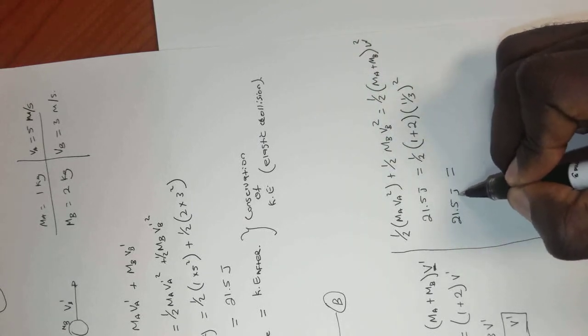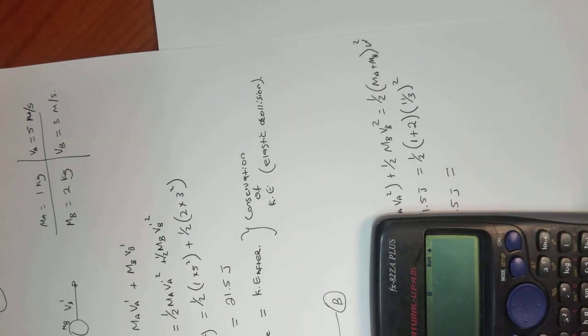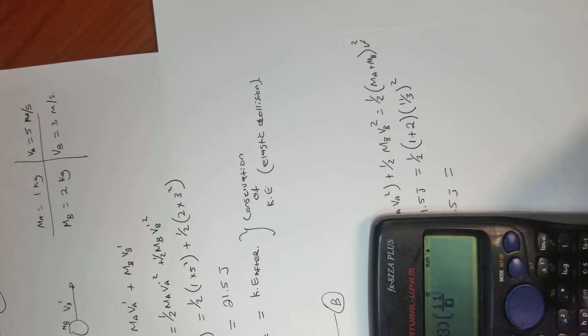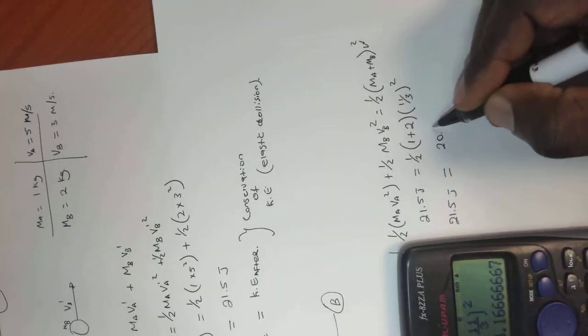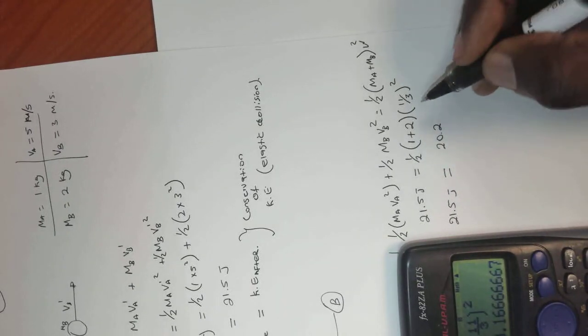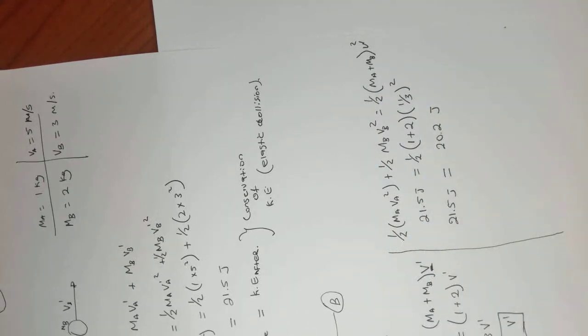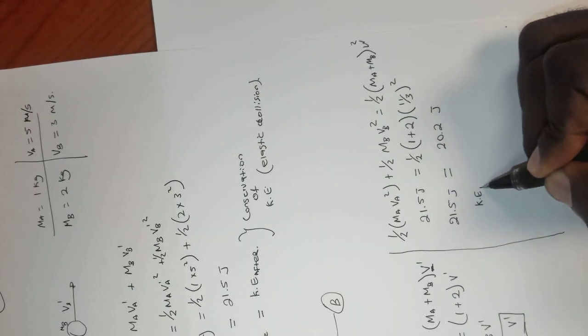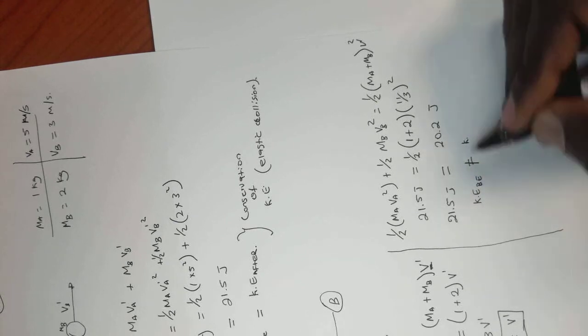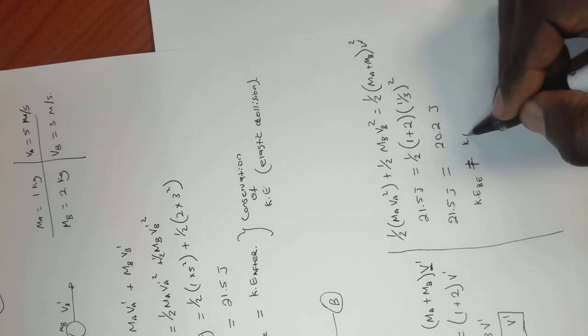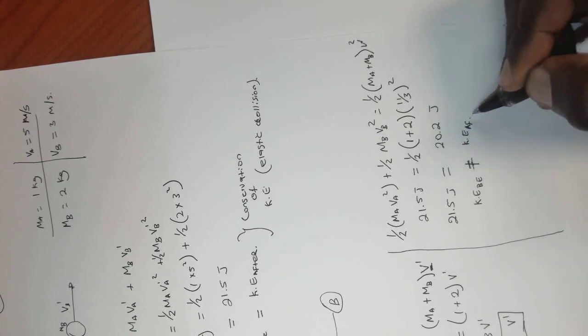So 21.5 joules is going to be, let's punch in the calculator, 0.5 times 3 times 11 over 3 squared, and it's 20.2 joules. So you can see that the kinetic energy before is not equal to the kinetic energy after collision.